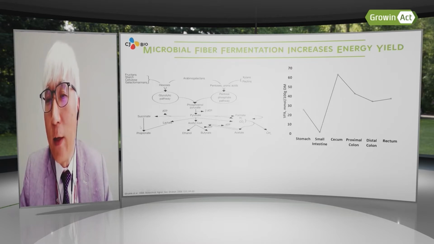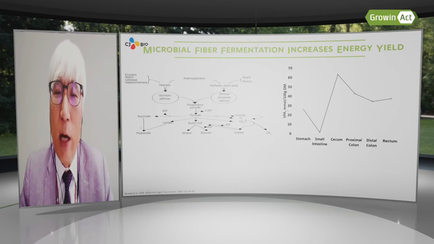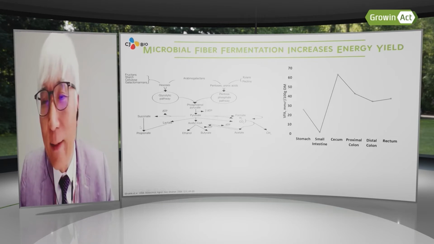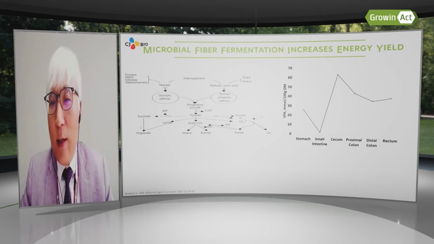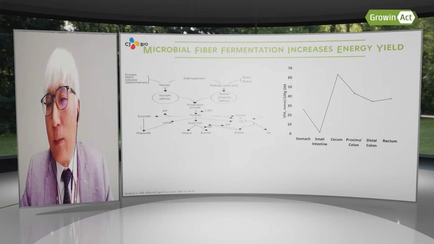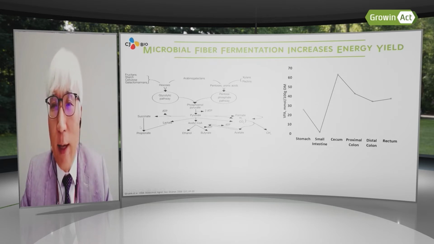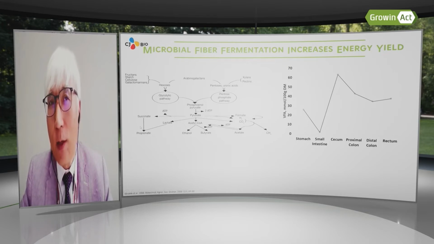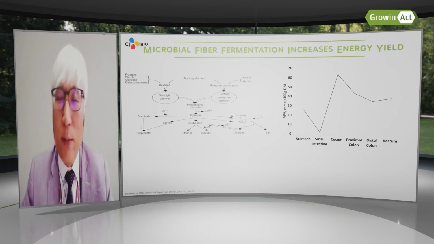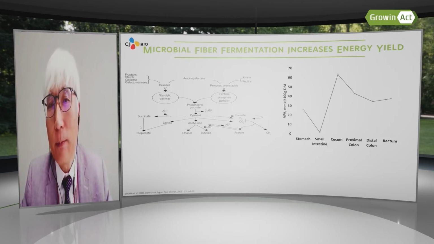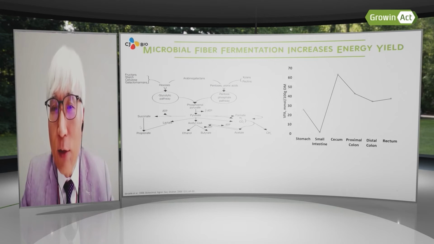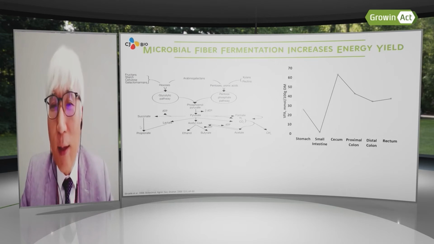Looking at volatile fatty acid production in millimoles per 100 gram dry matter intake, in the cecum, proximal colon, distal colon and rectum, they produce quite a large amount of volatile fatty acid. And this production is not just a spot. It actually lasts for 72 hours after the meal, so it is a longer lasting energy source that keeps producing energy.